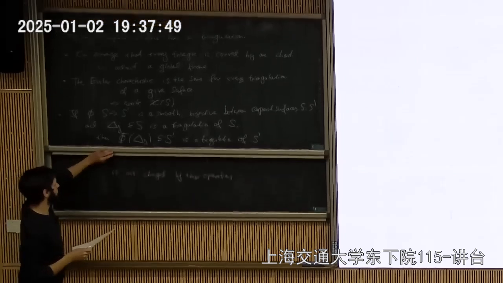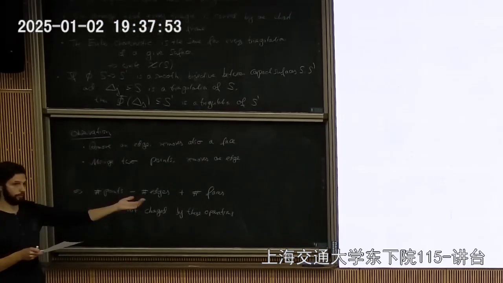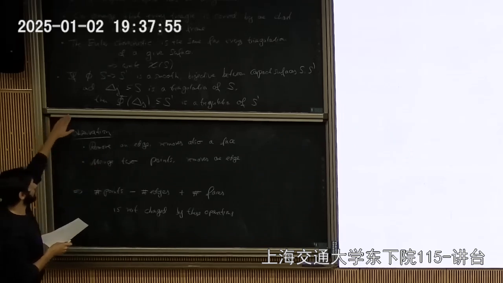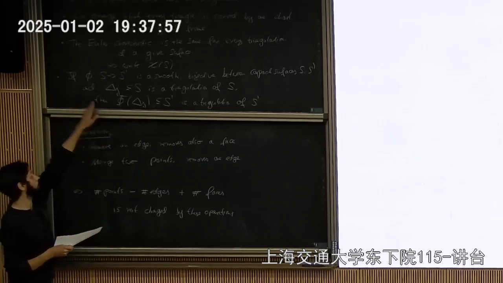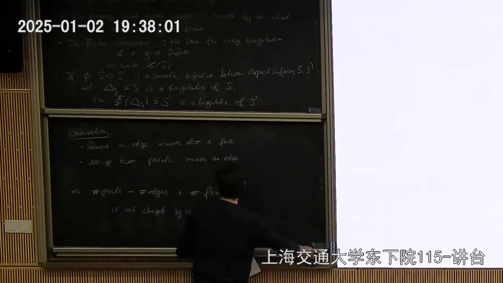And importantly, vertices are mapped to vertices, edges are mapped to edges, and faces are mapped to faces. So in particular, the Euler characteristic of S and the Euler characteristic of S prime are the same.